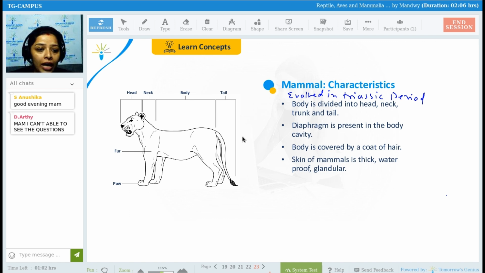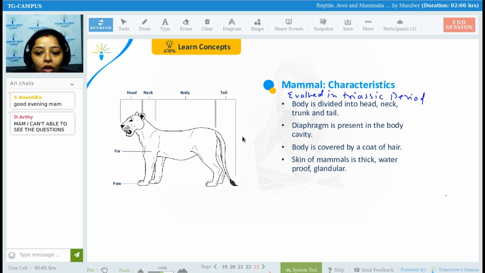Mammals are considered a cosmopolitan class. What is the meaning of cosmopolitan? Till now we didn't use this word for any class or phylum, but here for the mammals we are using the word cosmopolitan.